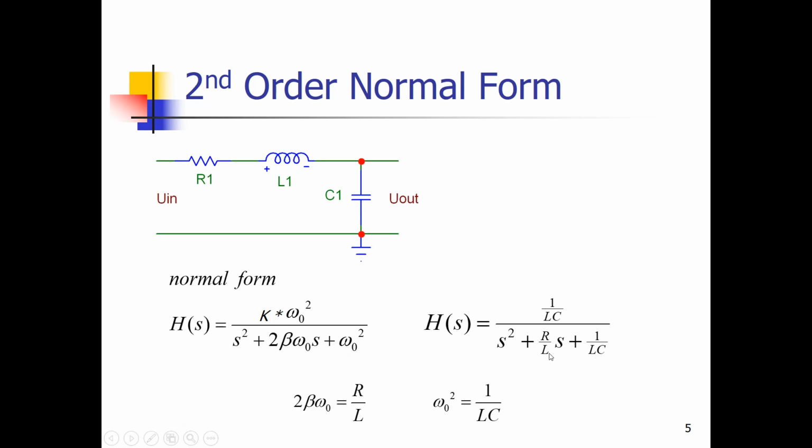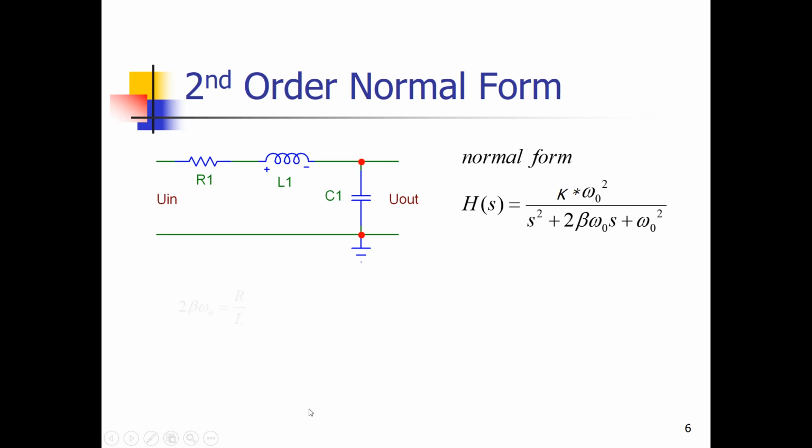So when I have this system, I can calculate what the undamped angular frequency, the omega 0, will be. And when I have that omega 0, I can substitute it in this equation, and I can calculate the relative damping factor beta.